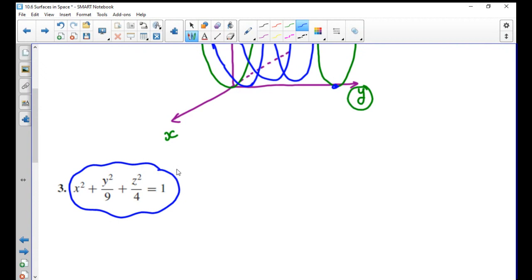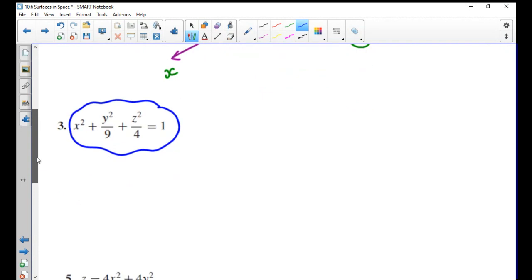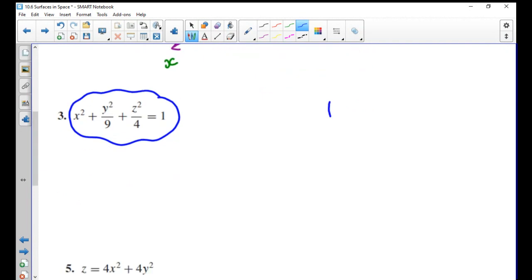If you want to graph it a little more precisely, what did we do to graph this? You need to check the intersection with the x, y, and z axes.